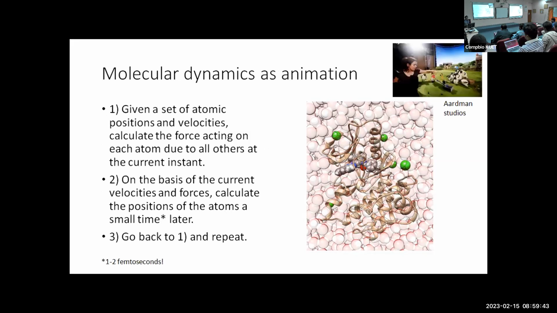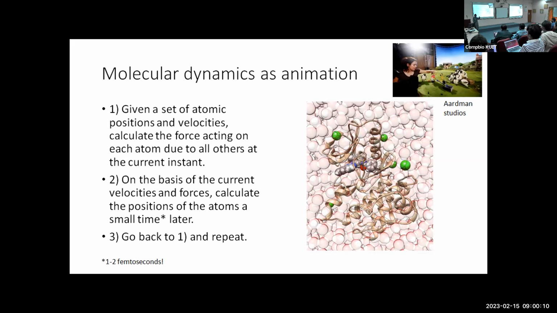So yeah, we start with a set of initial positions. We give them an initial velocity. We calculate the force, then move the atoms according to the force. Then we go back to the first step and repeat it. Typically, each step is of the order of 1 to 2 femtoseconds, but there can be a larger time step.